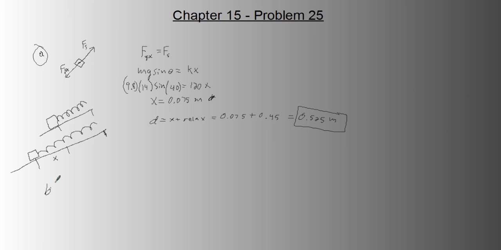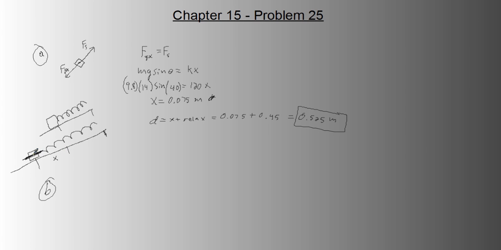Part B is actually completely unrelated to this because, well, first off, part B wants us to find the period of oscillation. So now that it's in equilibrium, we grab it, pull it down a little bit, and let go, and it's going to oscillate back and forth, right?